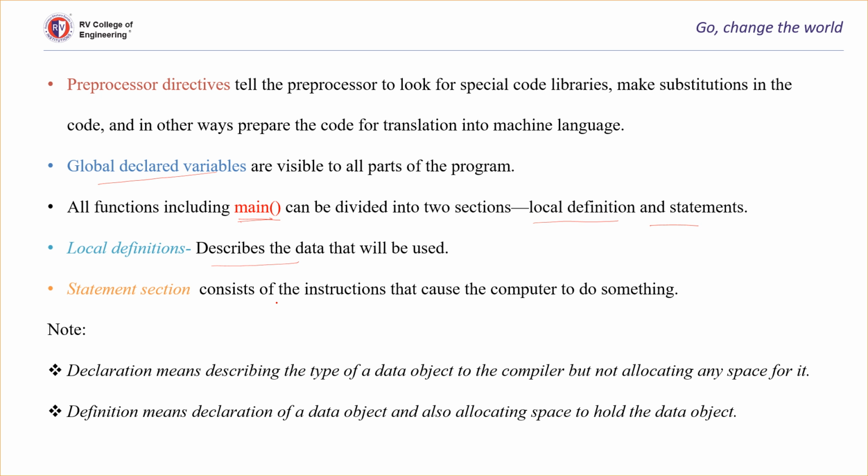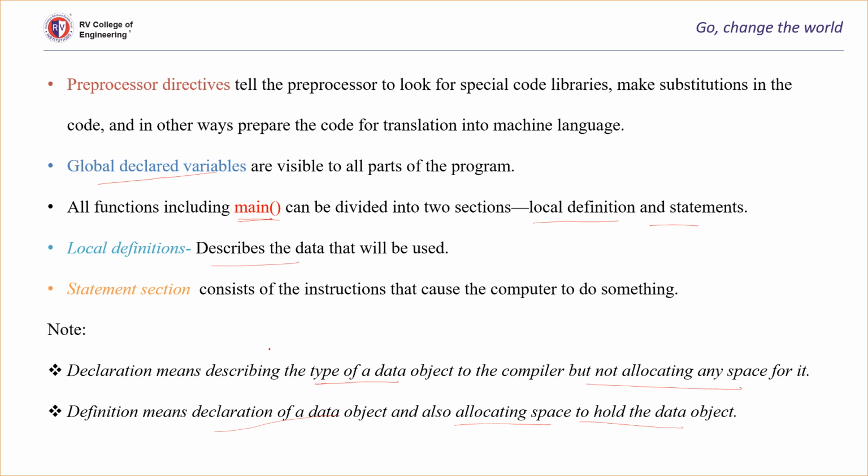Okay, now there are two things that you should know. One is, what is the difference between declaration and definition, right? Declaration is describing the type of data object to the compiler, but you are not allocating any space for it. Definition means declaration of the data object, and you are also allocating the space to hold a particular data object, right?